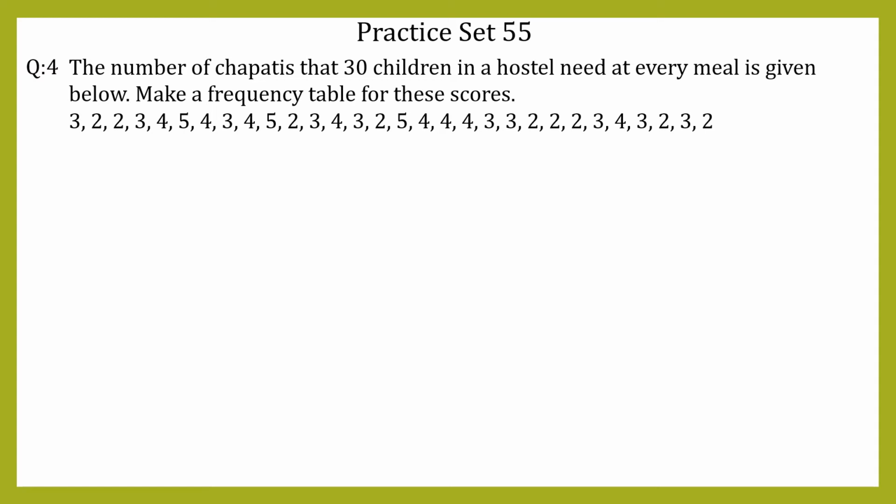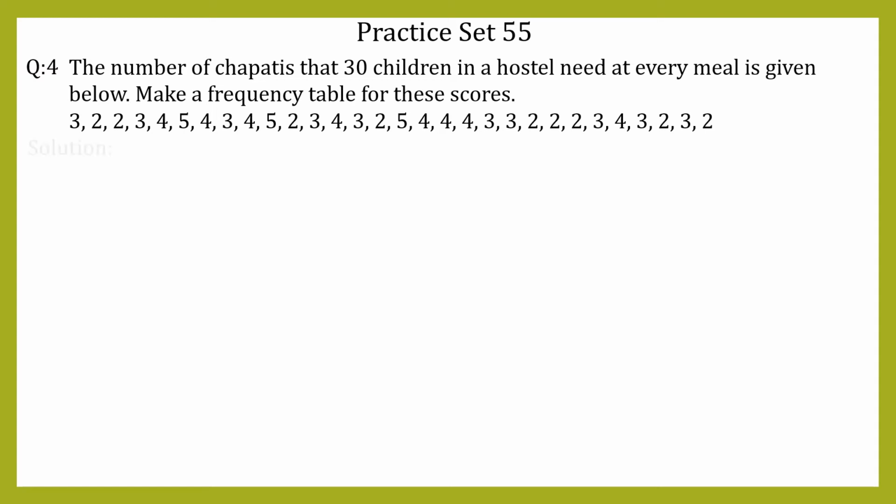I can see the first score is 3. So the first child needs 3 chapatis, and then second child needs 2 chapatis, third child needs 2 chapatis. Like that, observations for 30 children are given. We need to tabulate this data and we need to draw frequency distribution table.